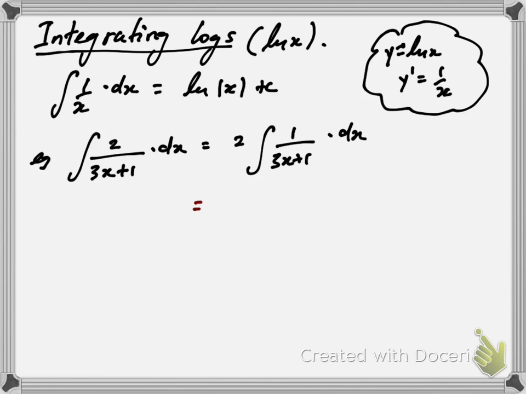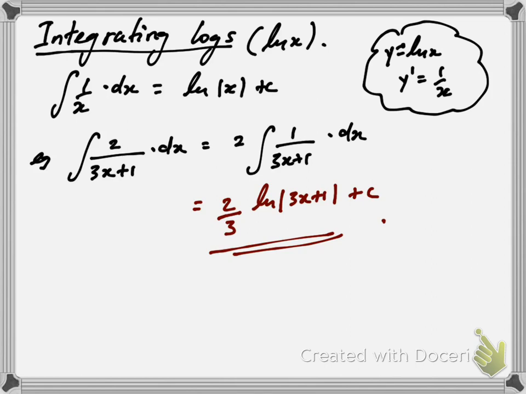This will give you 2 times ln of the absolute value of 3x plus 1 plus c, and then you adjust. If you are differentiating 3x plus 1, you get 3, but since you integrate here, you end up with 1/3 multiplied by 2. And that is how you integrate a rational function to get logs, or the ln function.